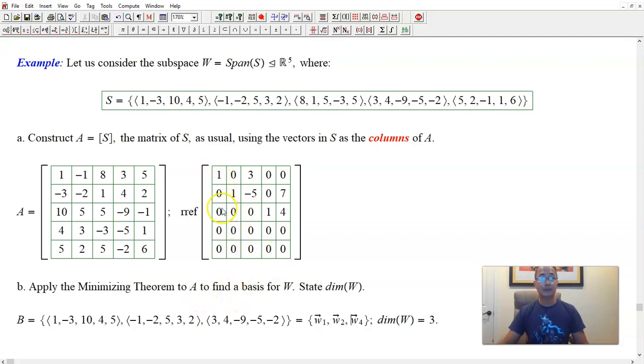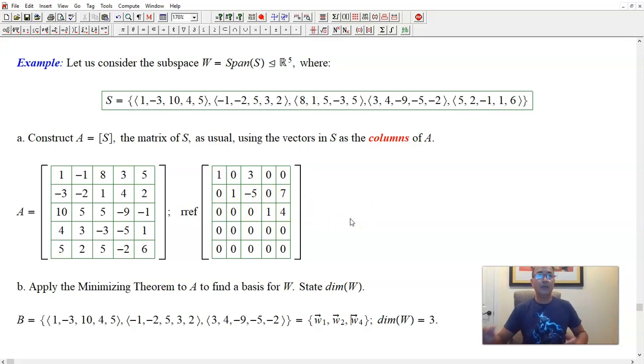The leading variables are in columns 1, 2, and 4, and that's why our basis vectors are W1, W2, and W4. Okay, we erased W3 and W5 because the minimizing theorem says that W3 and W5 are both linear combinations of W1, W2, and W4.